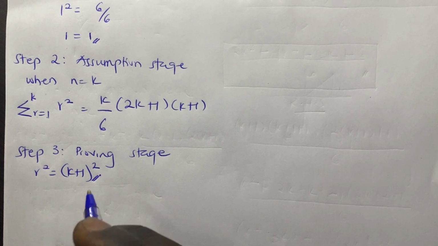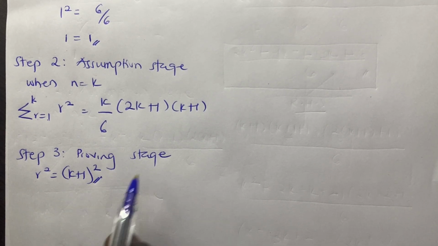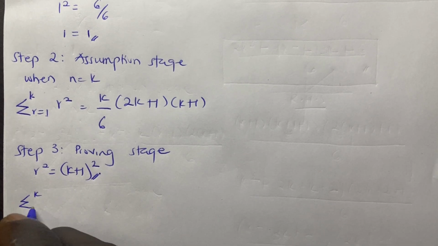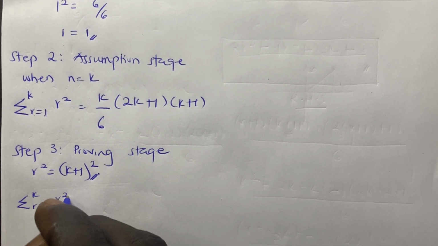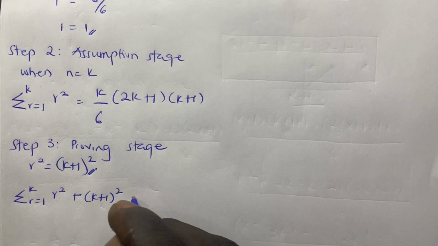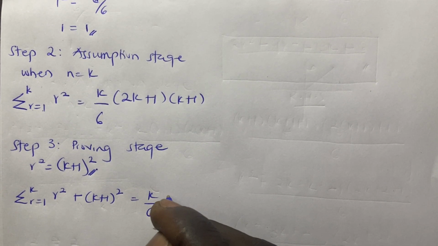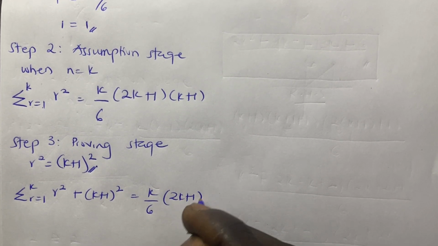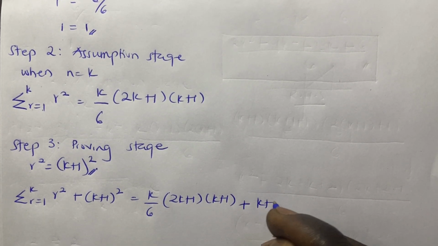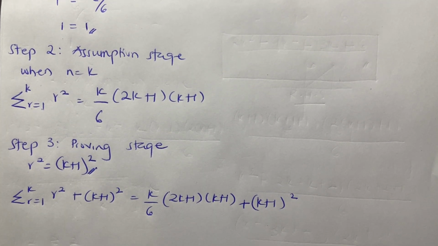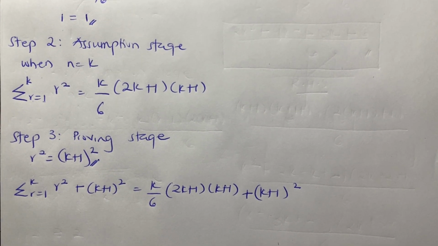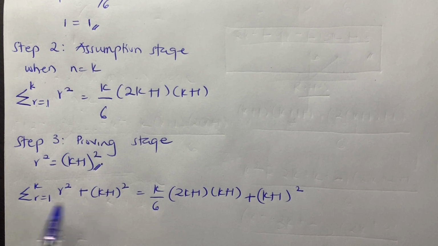Now when we have this, we have to add this to both sides of the equation. So we are getting the summation of r squared, r equal to 1 to k, plus k plus 1 squared, equal to k over 6 bracket 2k plus 1, and then k plus 1, plus the k plus 1 all squared. When you get to this stage, it's simpler with the left hand side, because you don't really have to do much calculation here.